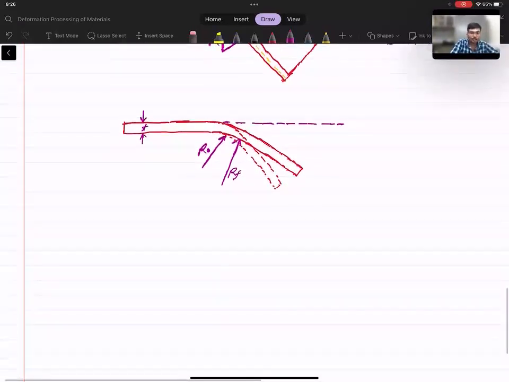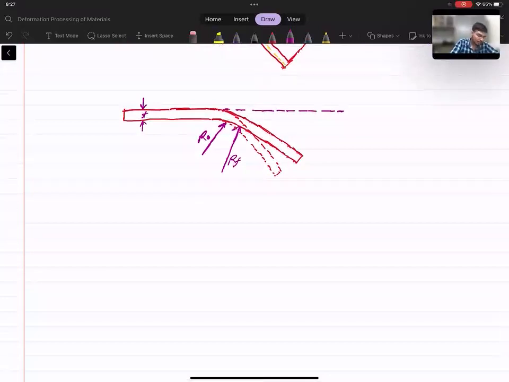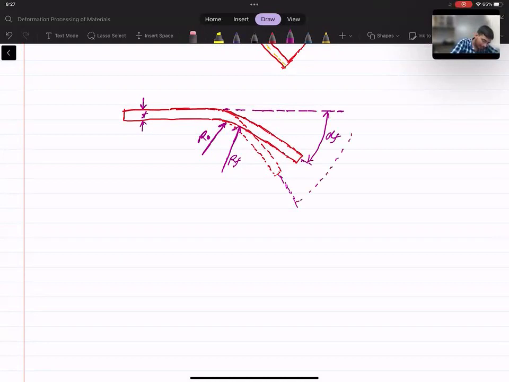And these angles will be now for this, we know that the angle will be alpha f, because this is the final desired thing. And for this one, see here, when the radius is low, the angle is high.